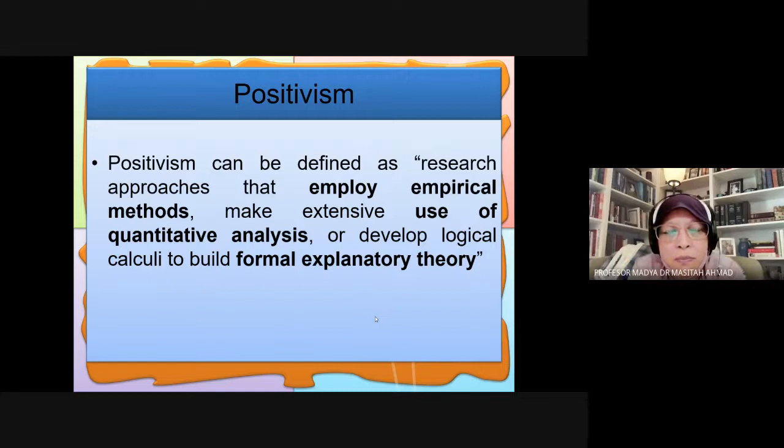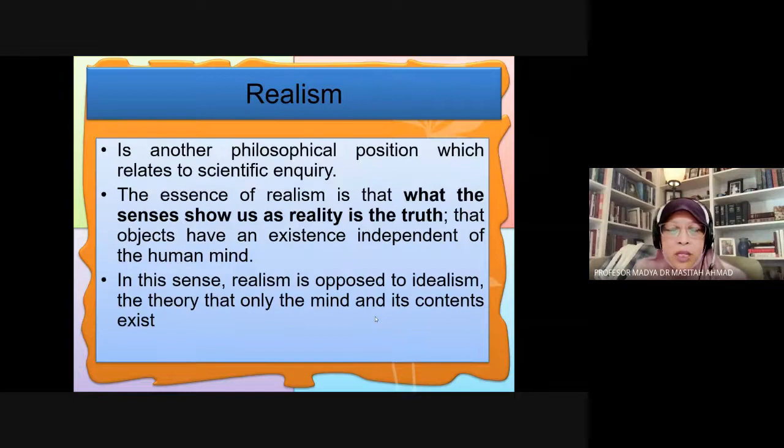So based on positivism, the research approach we choose employs this empirical method. Normally they use quantitative analysis, and they also develop the logical calculi for this formal explanatory theory.